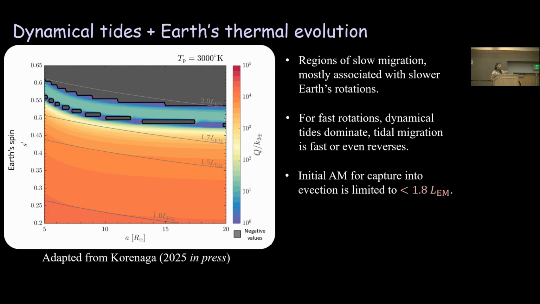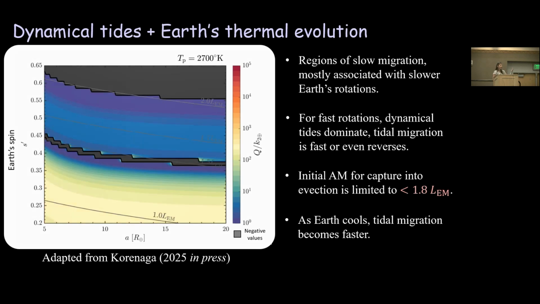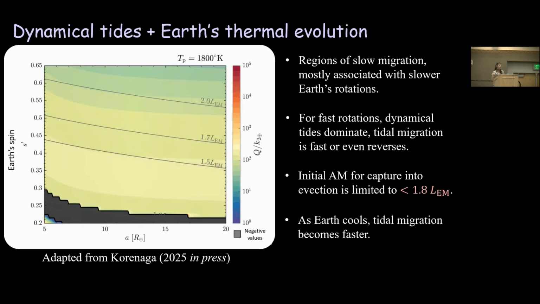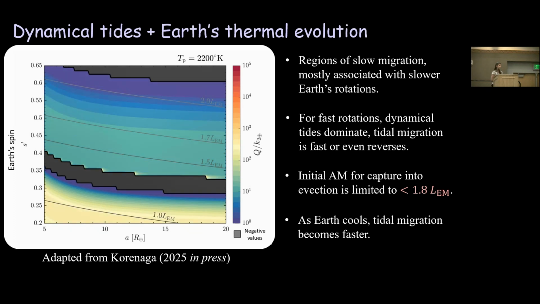So everything beyond 1.8 LEM, we think that it could not get captured into evection resonance. And this is in contrast with what we get from impact simulations that suggest 2 or more LEM. And as the Earth cools, the tidal migration becomes faster, so you see all these bluer regions.